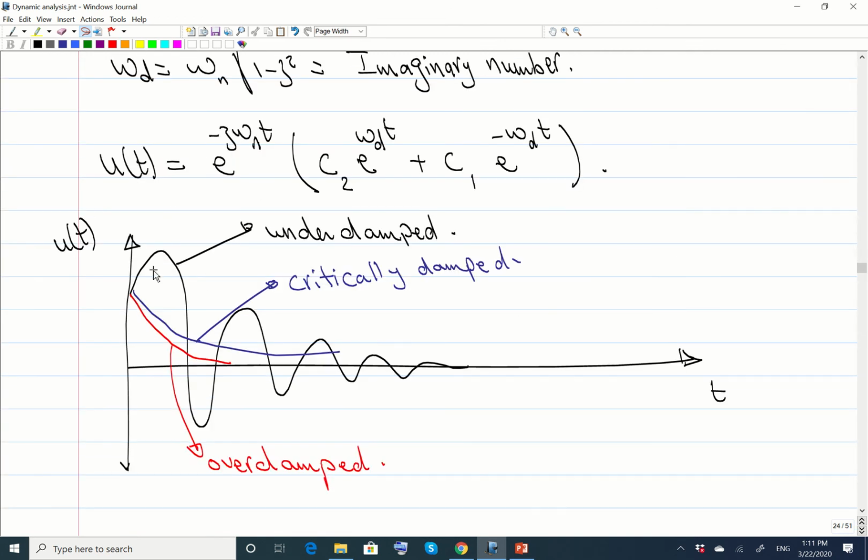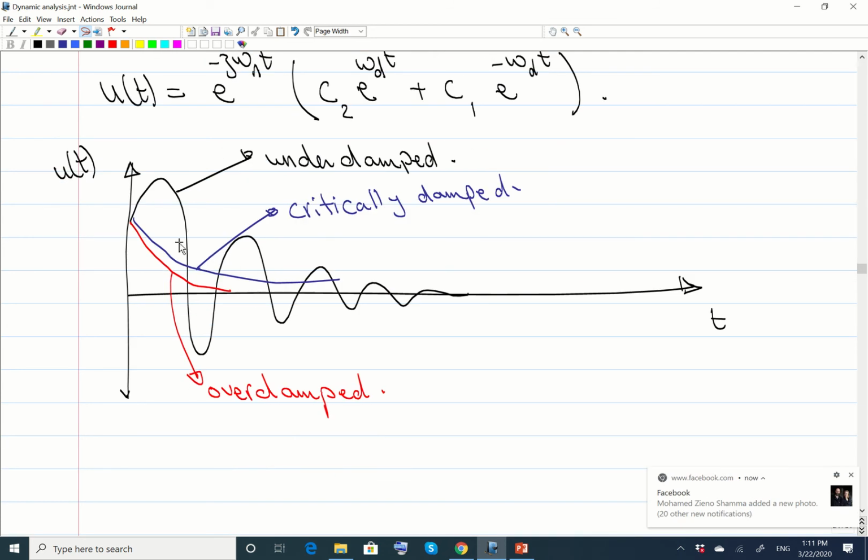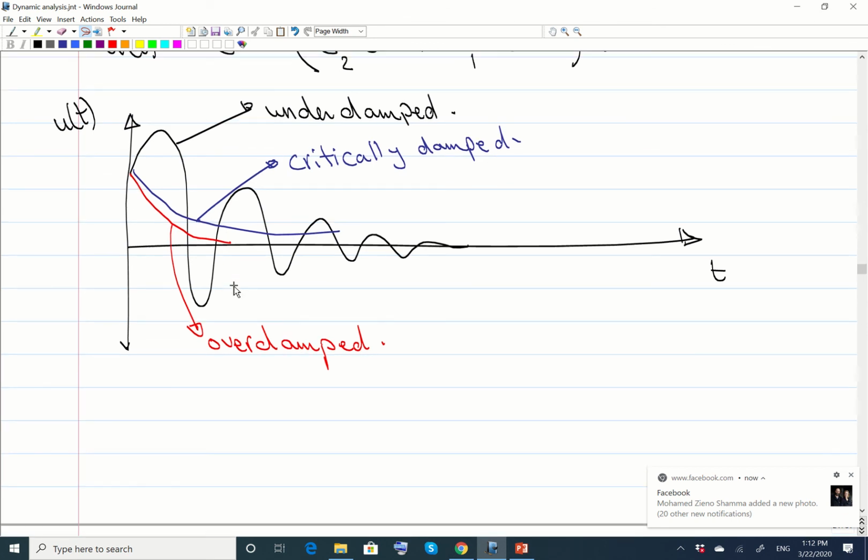So comparing the three cases, if you have zeta that is less than 1, you're going to have an underdamped motion where you have an oscillation like this, a decaying oscillation. But for critically damped and overdamped motions, there is no oscillation. The motion will just decay directly like this, with a faster rate for the overdamped than for the critically damped case.